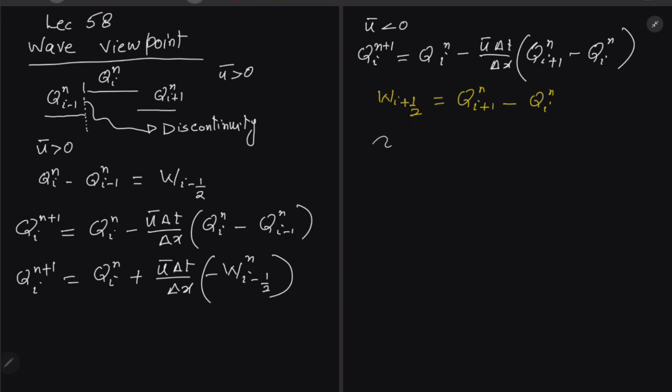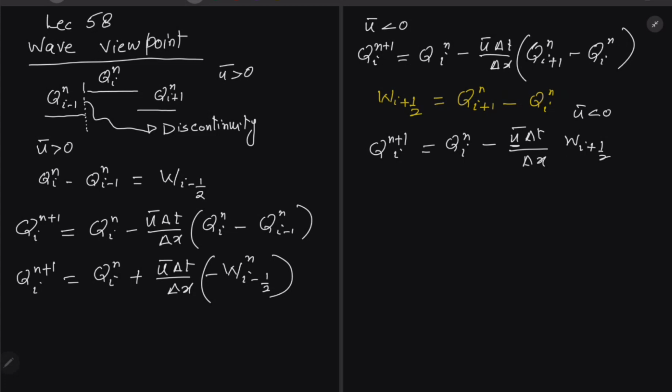Then we have Q_i^{n+1} equal to Q_i^n minus u bar delta t by delta x W_{i+1/2}. That's what we have when u bar is less than 0. Since u bar is negative, some quantity will enter the cell i.